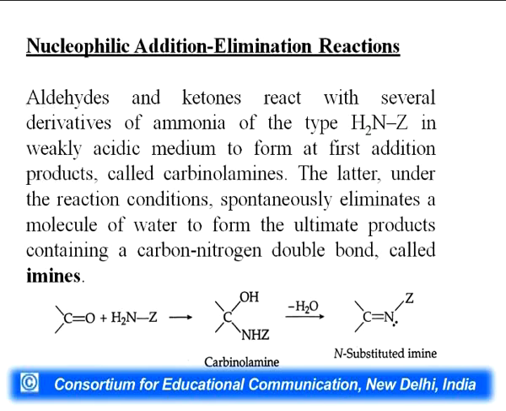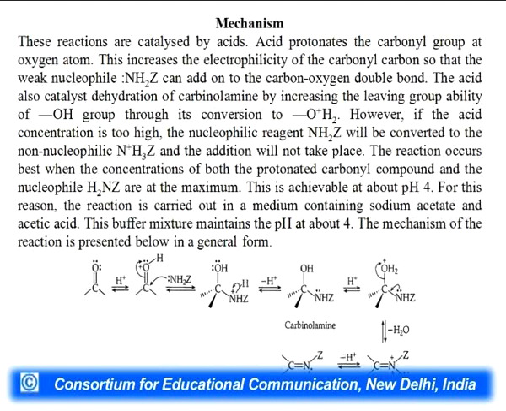So, N-substituted imine, C double bond N, will form. The Z substituted group may be alkyl group, aryl group, hydroxyl group, NH2 group, NHC6H5, NHC6H3(NO2)2 and NHCONH2. These groups may be substituted to the ammonia. So, a number of products can be obtained by this reaction, the very important nucleophilic addition elimination reaction.